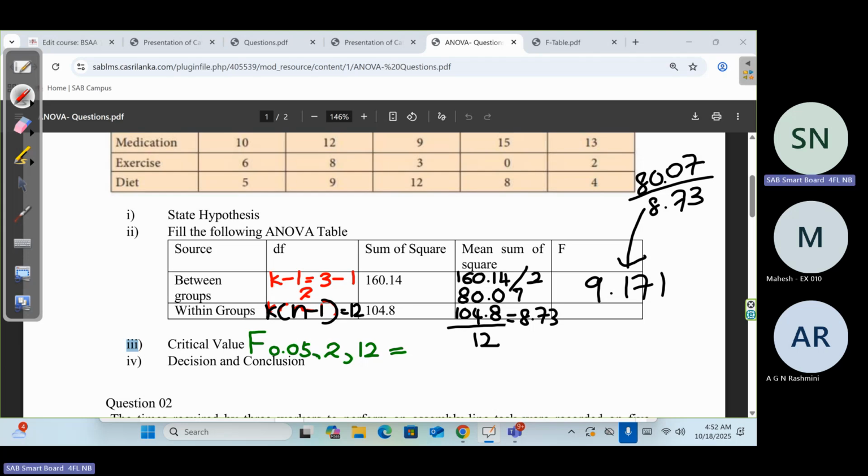Critical value is 3.8. Okay. Then here, tell me what is the decision?